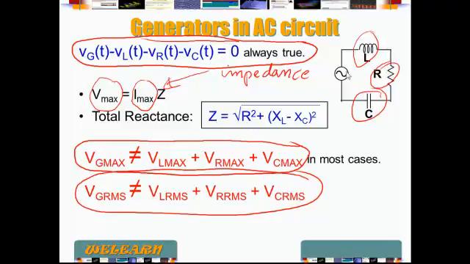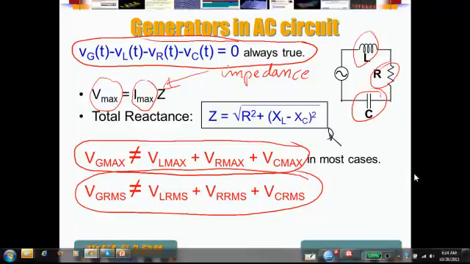One last thing here. If we have the total reactance, one might ask, how does the current relate to the voltage? Is it going to lead, lag, or be in phase for the case of the generator?